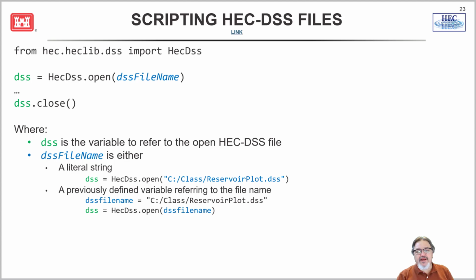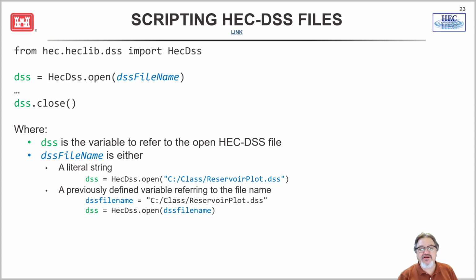Okay, having said that, the literal string there is DSS equals HEC-DSS open, quote, and then the file name. Or if you want the file name to live in a variable, you first define the variable with that same string, and then you say HEC-DSS open and give it the variable that contains that string. It doesn't matter which one you use.